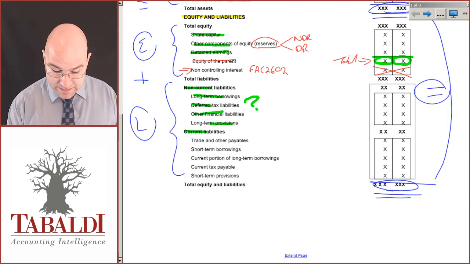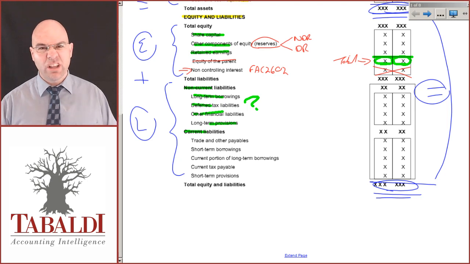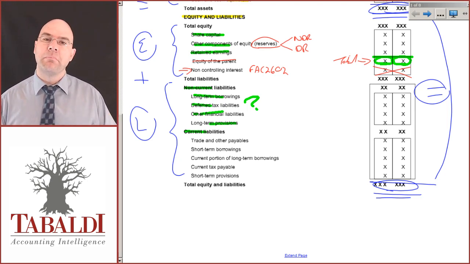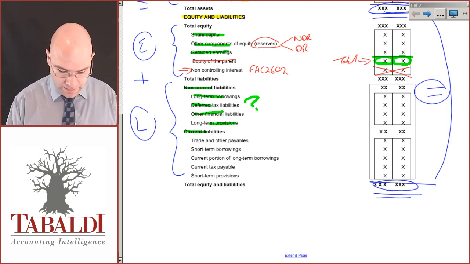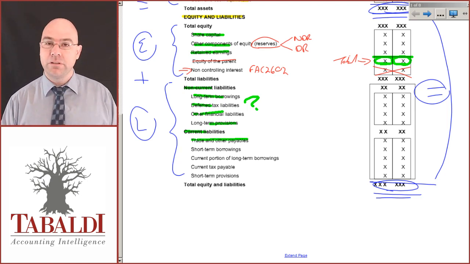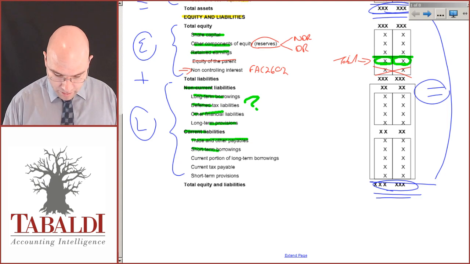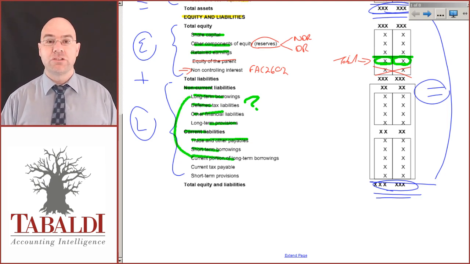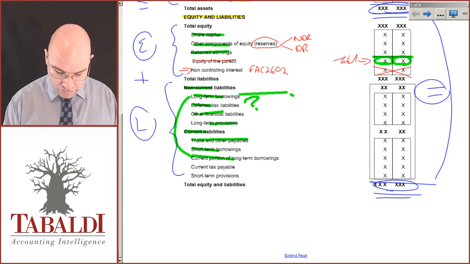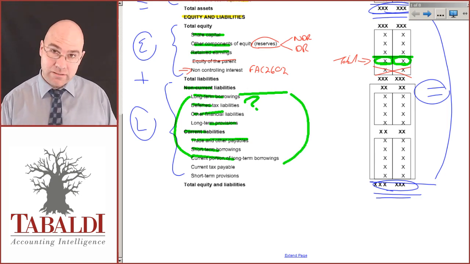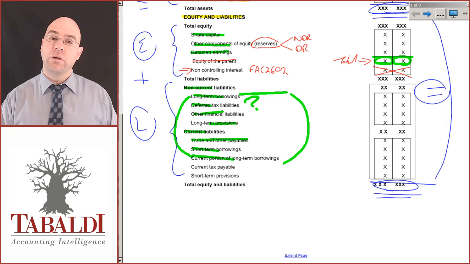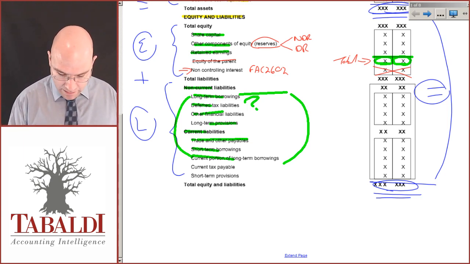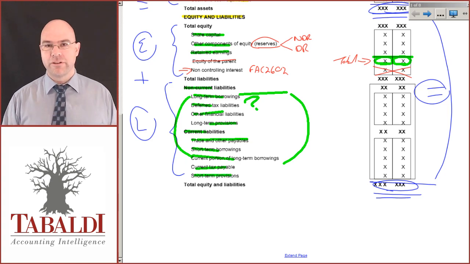Other financial liabilities, provisions. Provisions are liabilities, but where there's some uncertainty about the timing or amount of the future outflow. Current liabilities, trade and other payables, short-term borrowings, and then the current portion of the long-term borrowings you disclose separately, right? The long-term borrowings versus current long-term borrowings. Well, current means it's going to be repaid within the next 12 months. Then your current tax payable and short-term provisions.